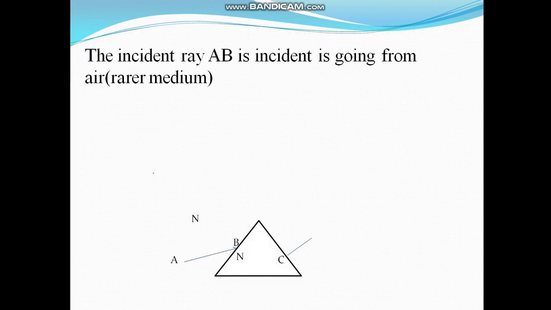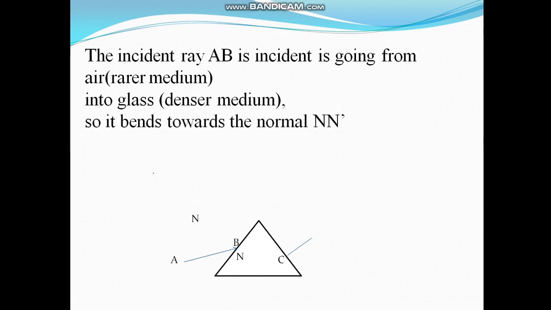Now this incident ray AB, children, it is moving from where? From rarer to denser medium. So according to the laws of refraction, it will bend where? Towards the normal NN dash.